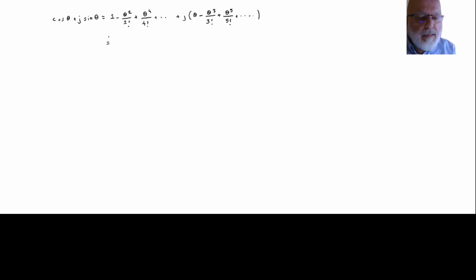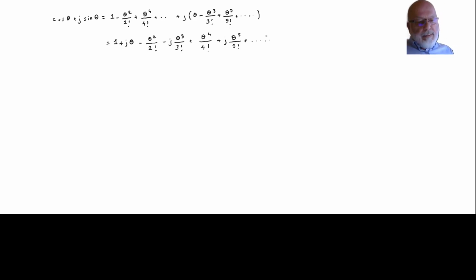This can be written as 1 plus j theta minus theta squared over 2 factorial minus j times theta cubed over 3 factorial plus theta to the power 4 divided by 4 factorial plus j times theta to the power 5 divided by 5 factorial and the other higher order terms.